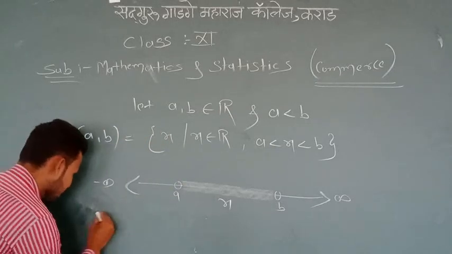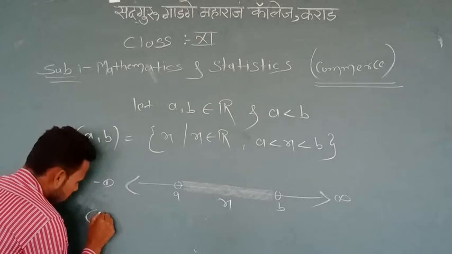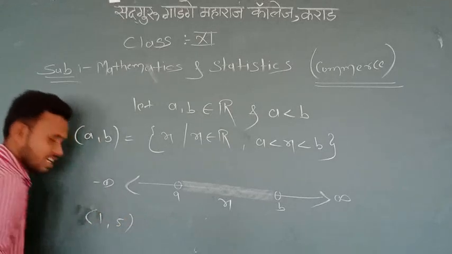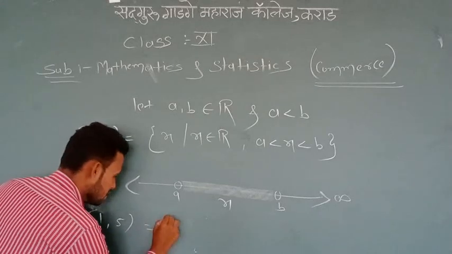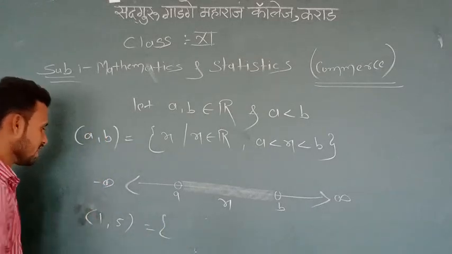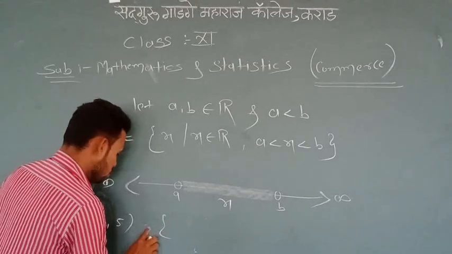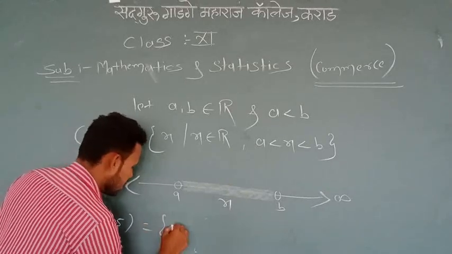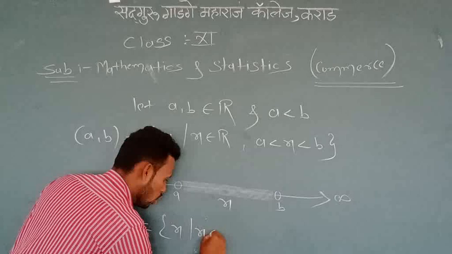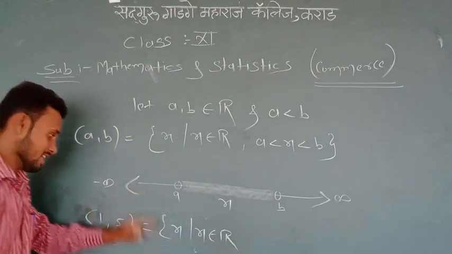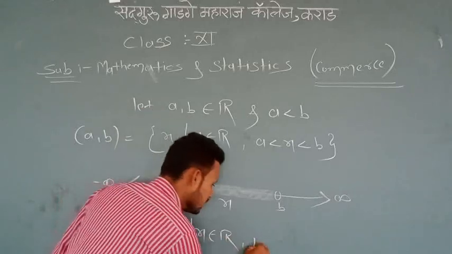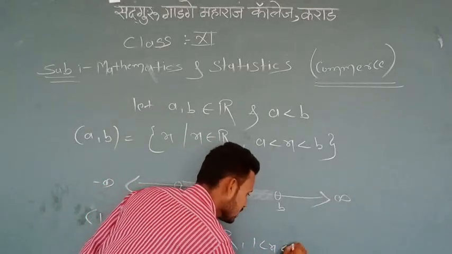For example, if we take the open interval 1 to 5 on the real line, the set (1, 5) is equal to the set containing x such that x belongs to the real numbers, because 1 and 5 are real numbers, and the condition 1 strictly less than x strictly less than 5.